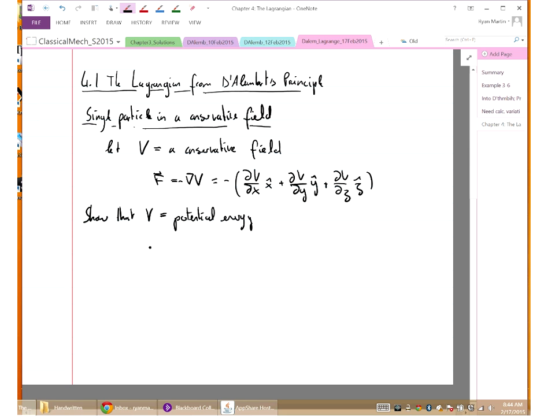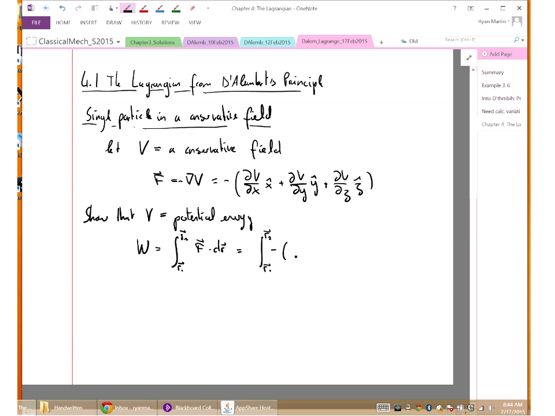And so to derive the formula for potential energy, we need to know the work done by some force in going from some position R1 to some later position R2. And then the work is the dot product of the force with the displacement. So with our value of the force, this integral becomes the integral from R1 to R2.